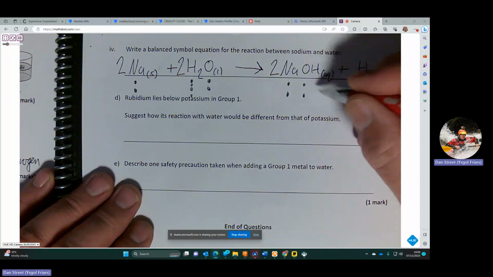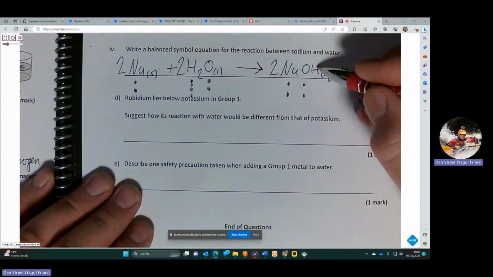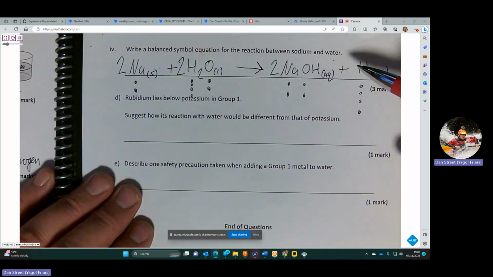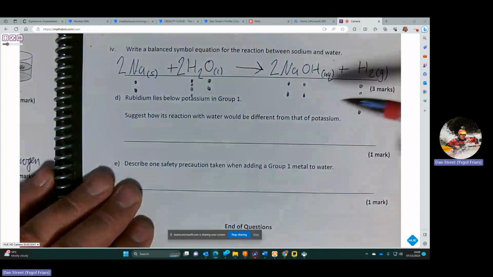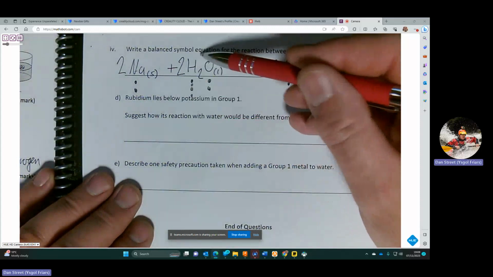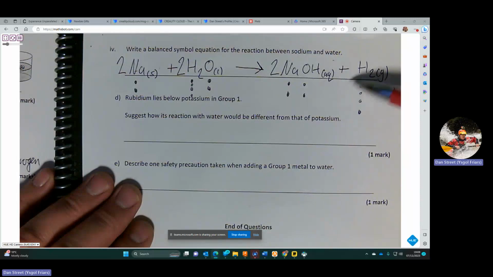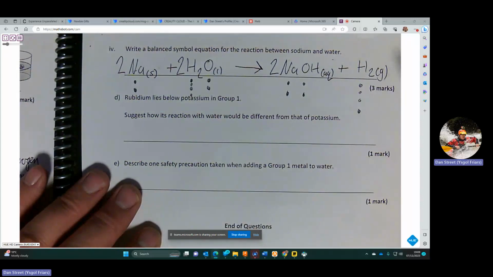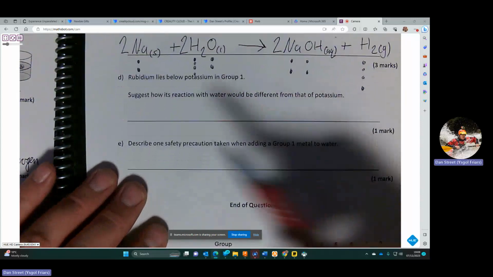We'll get one extra oxygen there, and then we'll get another hydrogen there. So if we have a look now, we've got two sodiums here, two sodiums here. We've got four hydrogens here, and we've got four hydrogens here, two oxygens there, and two oxygens there. So that's the finished product. Okay, that's the finished balanced equation.